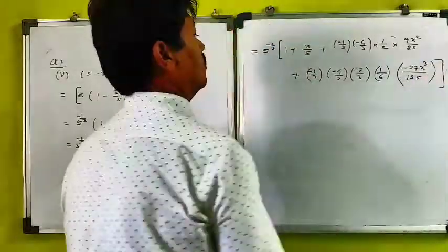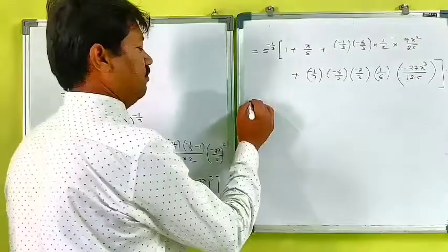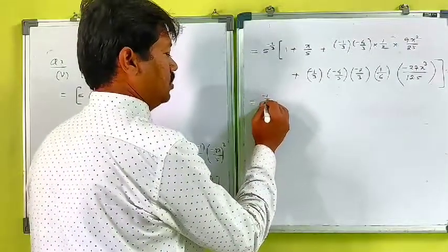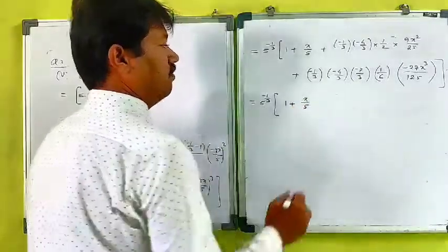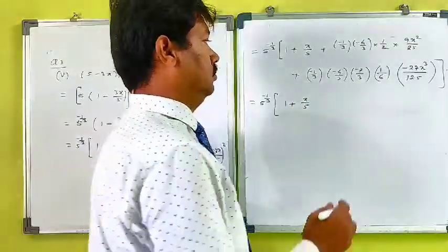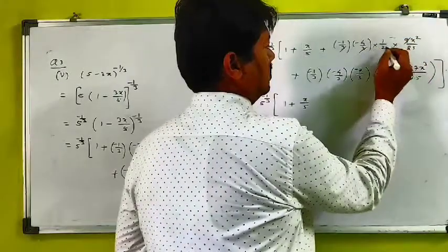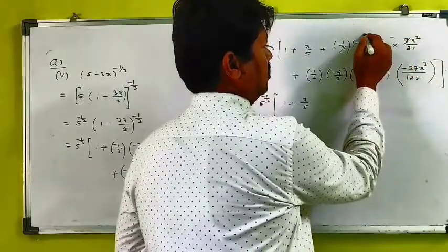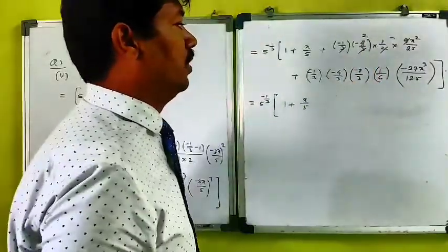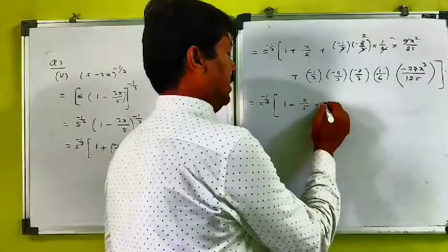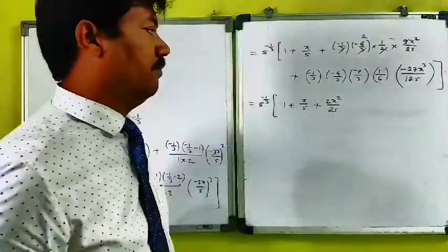So it is like this. So now in cancellation, that is 5 raised to minus 1 upon 3, 1 plus x upon 5. 3 into 3 cancels with 9, this 2 cancels with this 2, and both are negative, so that becomes plus 2, so it is 2x square upon 25.